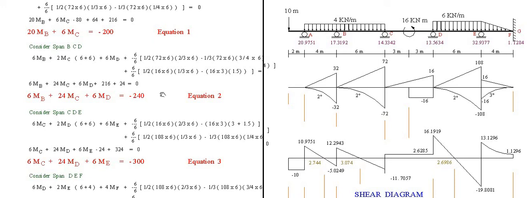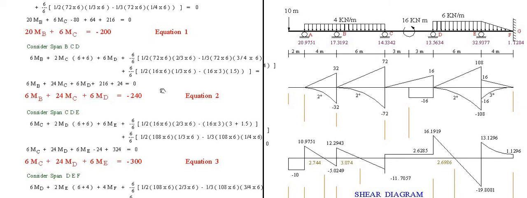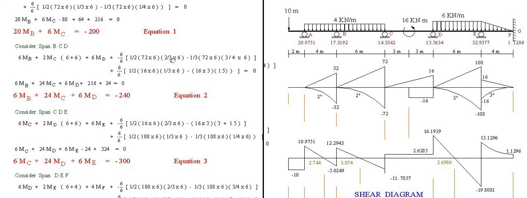And simplifying, 6 MB, 12 times 2 is 24 MC, 6 MB, and this first constant 216, the second constant is plus 24. All positive, transfer that to the right, it becomes negative.